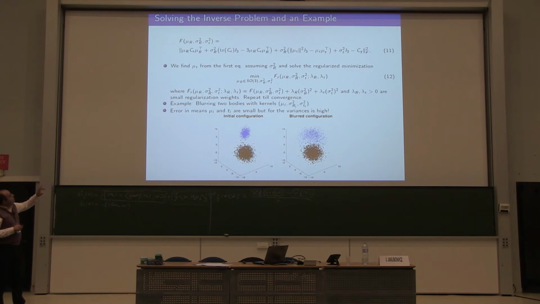For the mu t part it is easy because I assume that sigma r is known and I find mu t. And then for the second equation, I try to minimize the Frobenius norm of the left and right, okay? And then this problem also tends to be a little bit ill-conditioned, so I add some regularization terms, and then here try to do, again, alternating minimization.